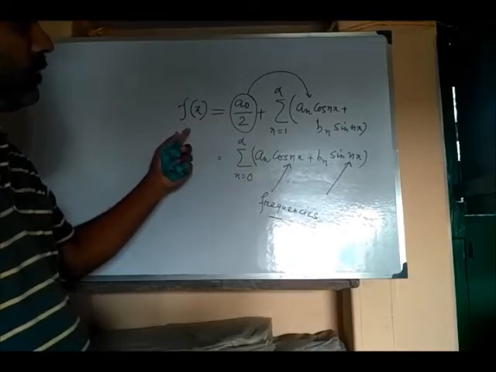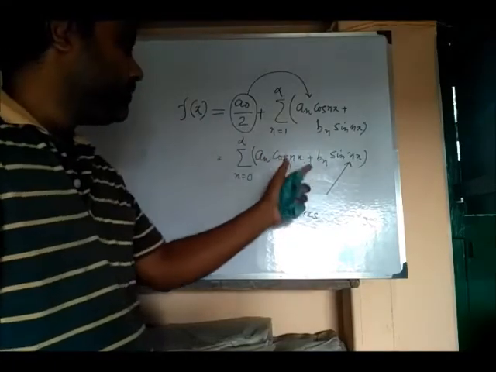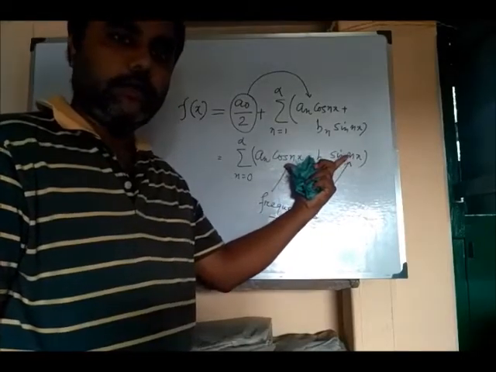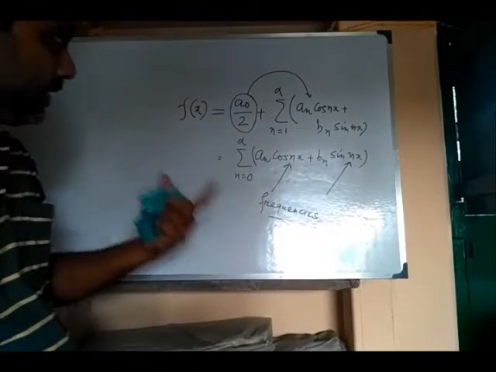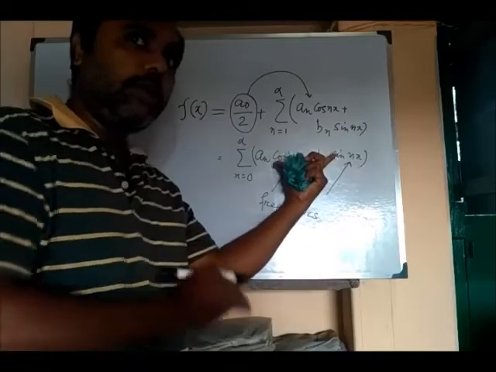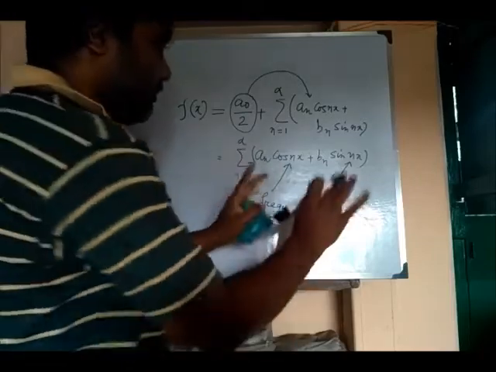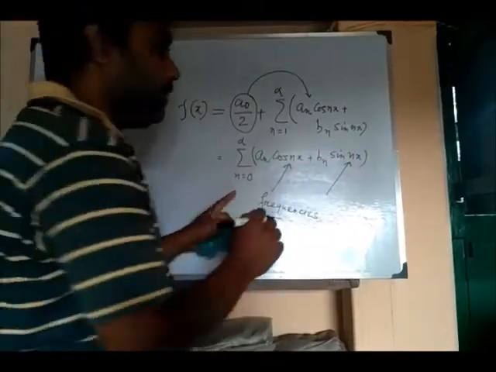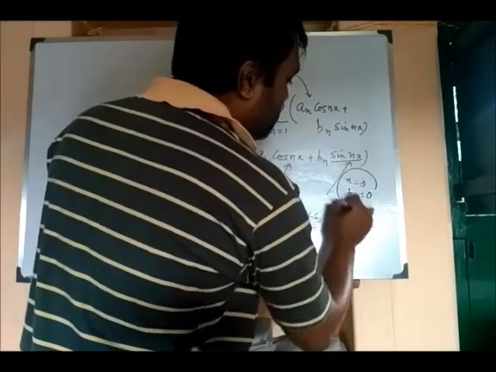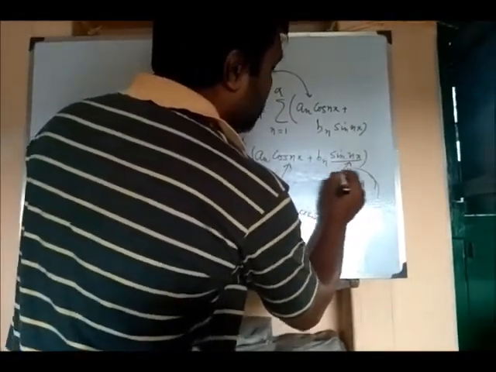then a function can be split into several frequency dependent sine and cosine functions, or I can say that if you add all types of sine and cosine functions having frequency from 0 to infinity. But see here, if n equal to 0, then sin nx gives me 0, so the contribution of b0 sin nx will be 0.